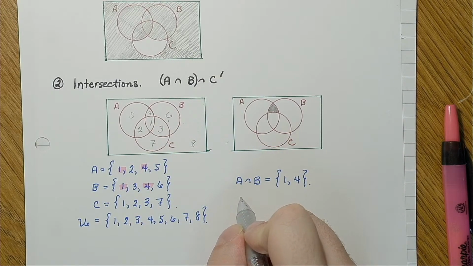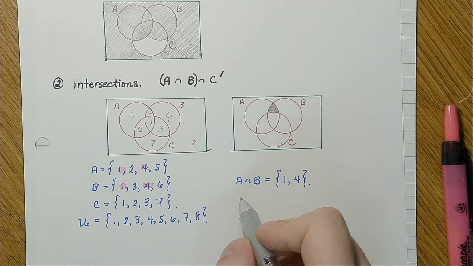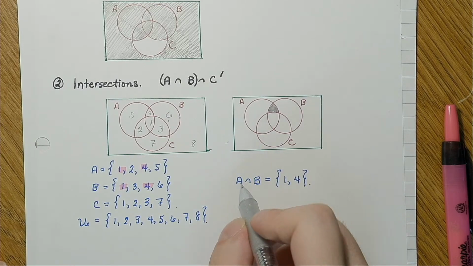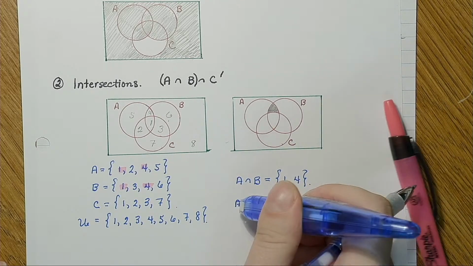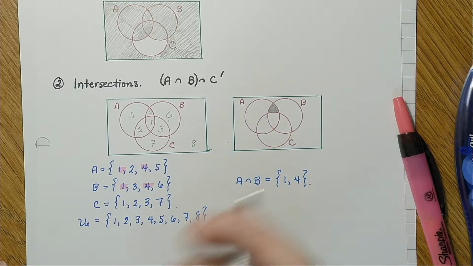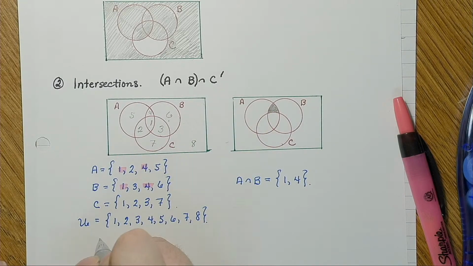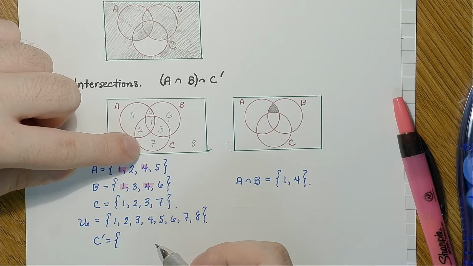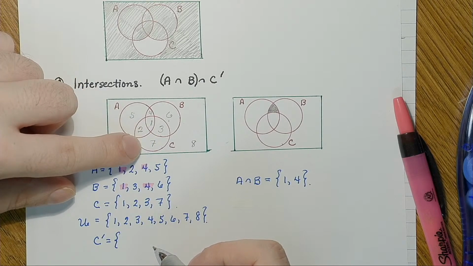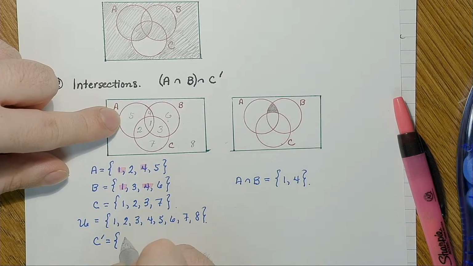Then the other one that we can do is let's do C prime. So that would be everything outside of C. So not 1, 2, 3, 7, but 4, 5, 6, and 8.